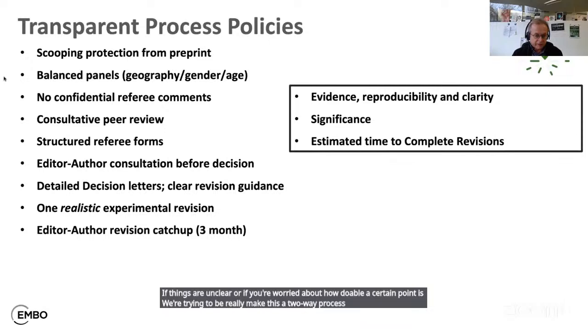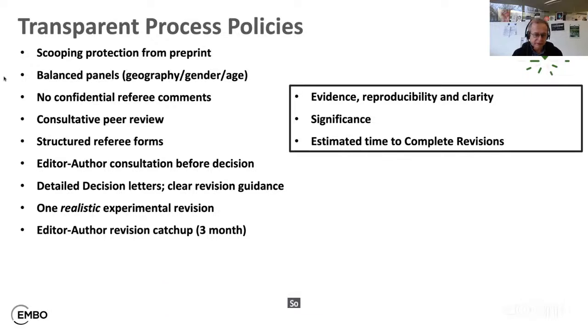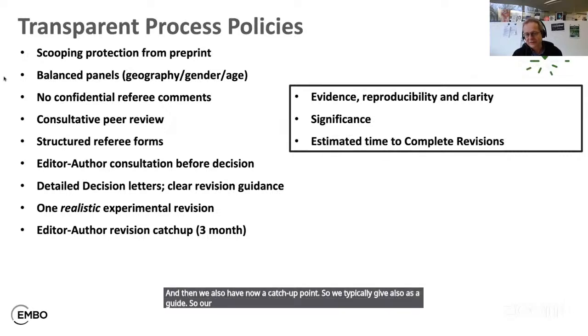And then we have this one realistic round of experimental revision. For us, this takes about 3 months. So we would define this as realistic, at least in terms of time. And then we also have now a catch-up point. So our revisions do take 3 months, and we also give as a guide to do it in 3 months. At 3 months, that's not a deadline.